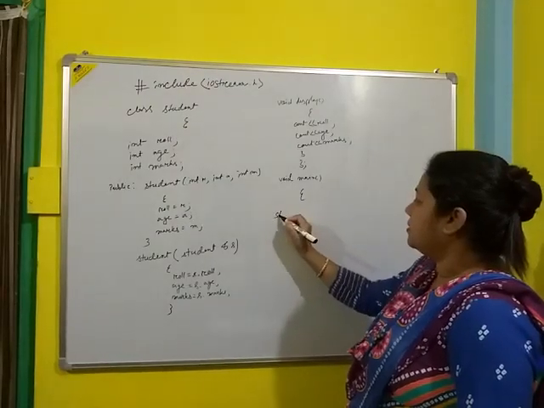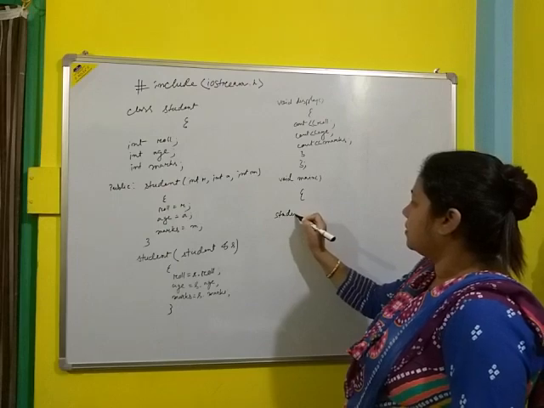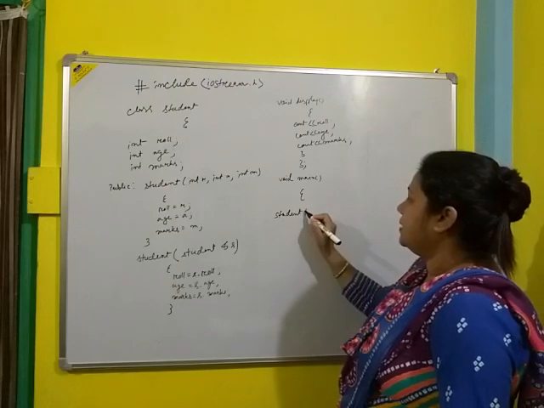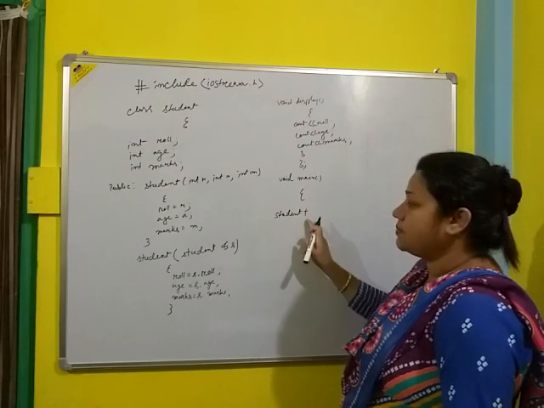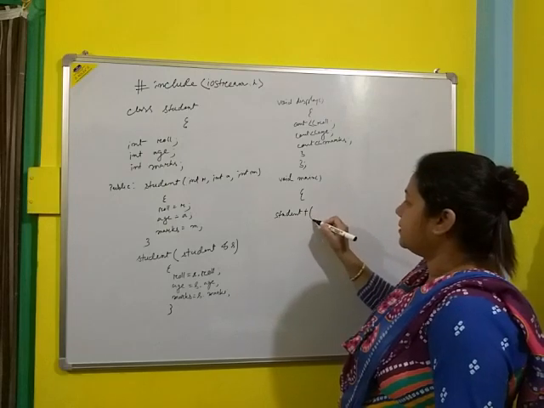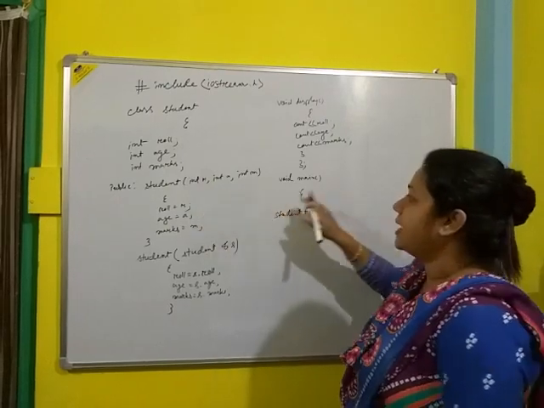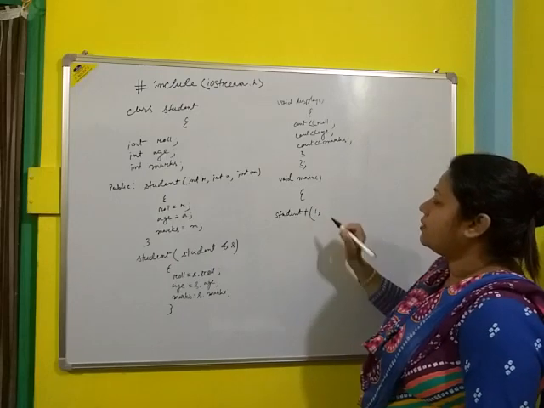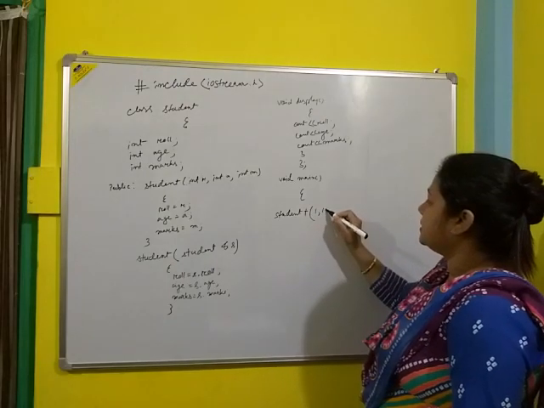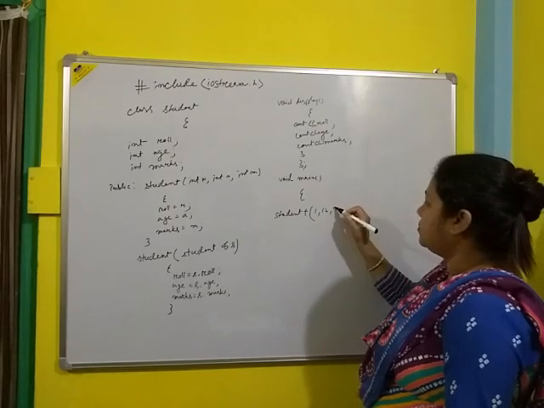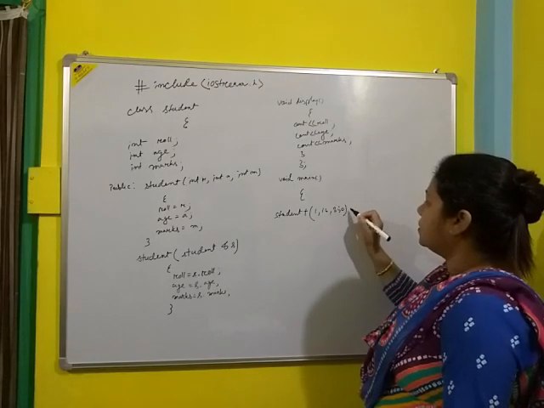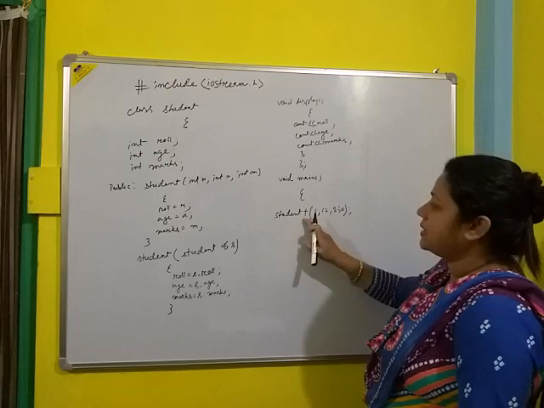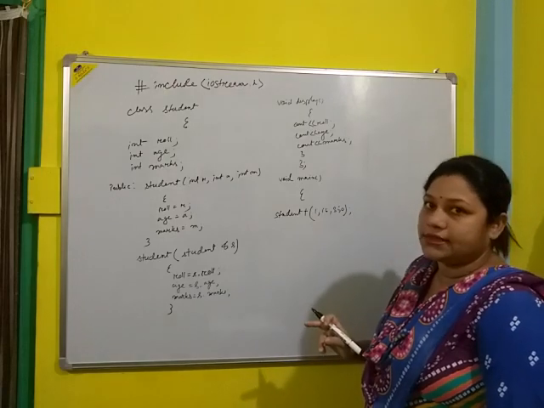Suppose student T. T is an object. I create this object. As soon as I create this object, I initialize the data members. So suppose 1 for the roll number, 16 for the age and 350 for the marks. So I initialize the object at the time of creation.